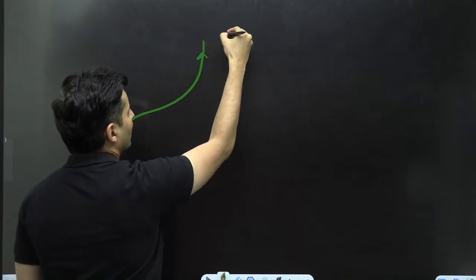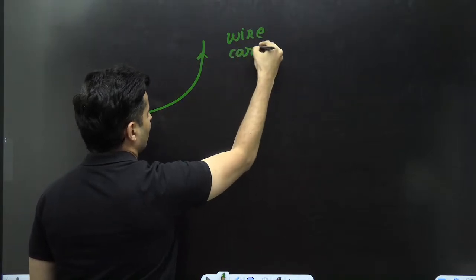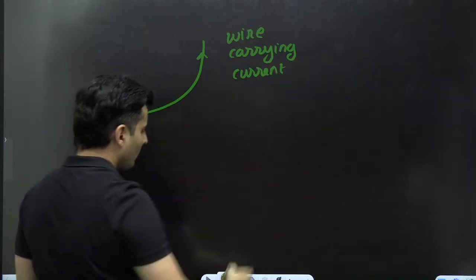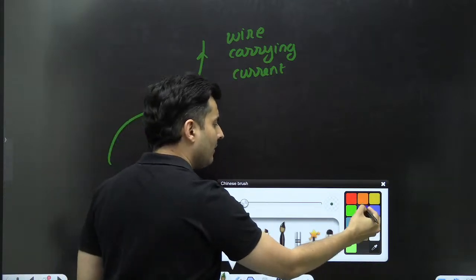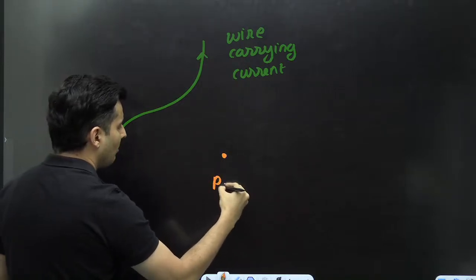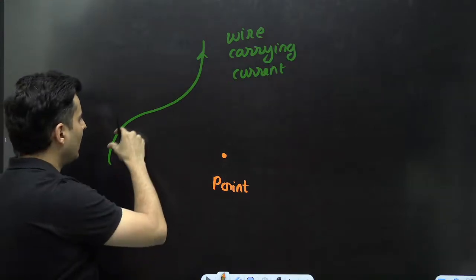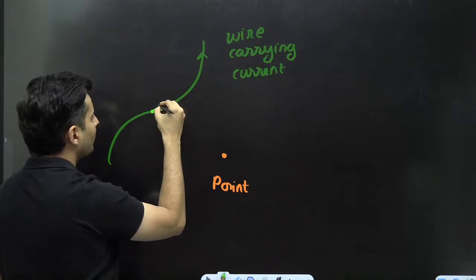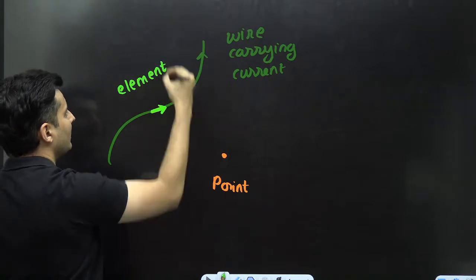This is some random wire carrying some kind of current. This wire is made up of small elements, and I choose some random point where I want to find the magnetic field. I divide this wire into small elements. Each small element carries some current.